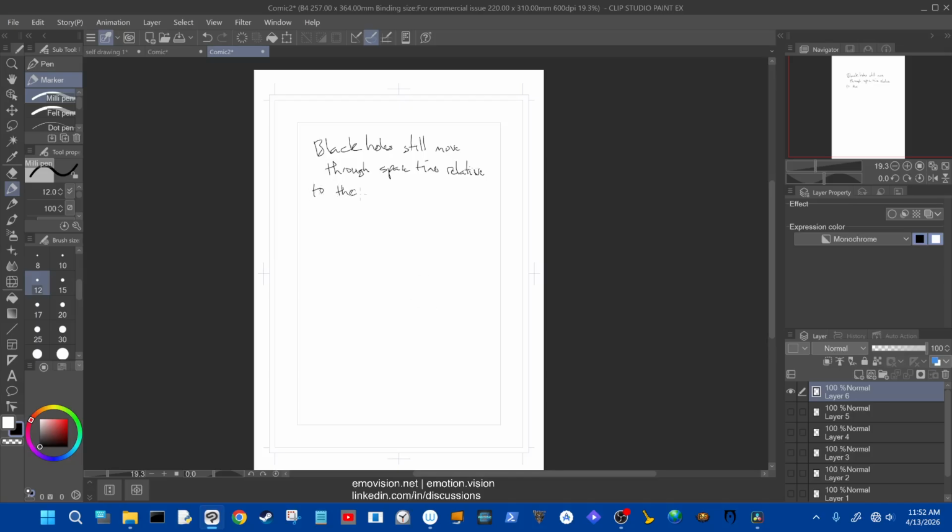An object in motion stays in motion, right? To their past motions. Object in motion stays in motion until stopped. Okay, so we have that.